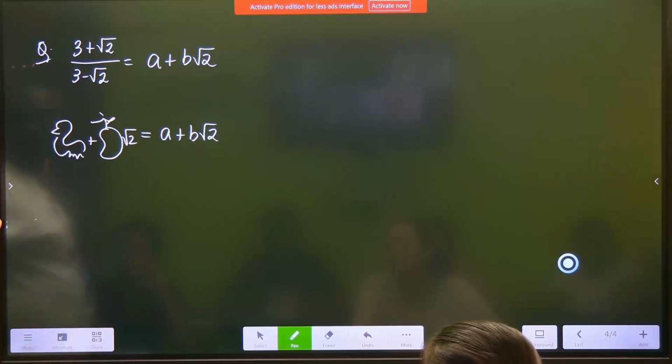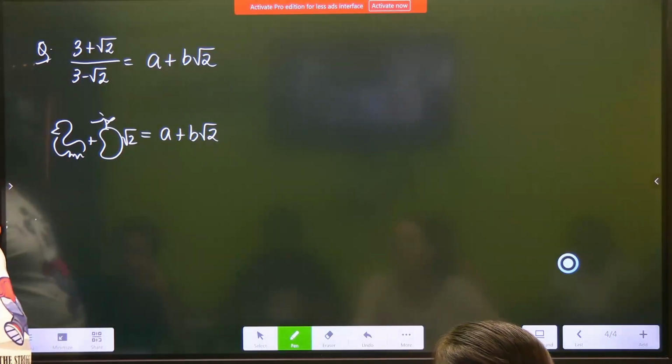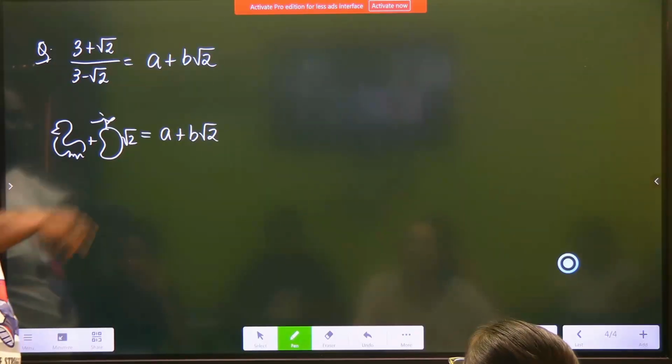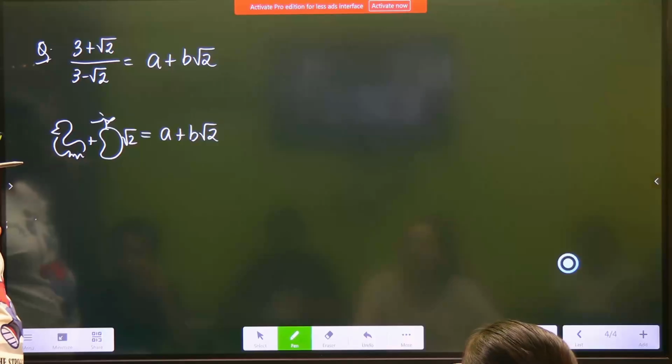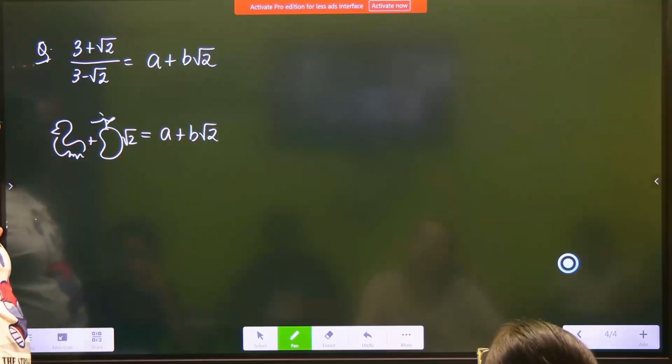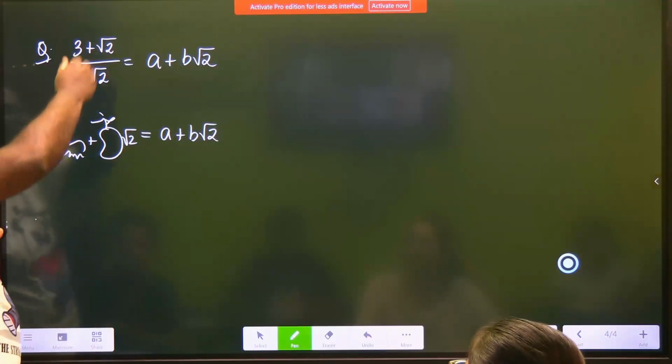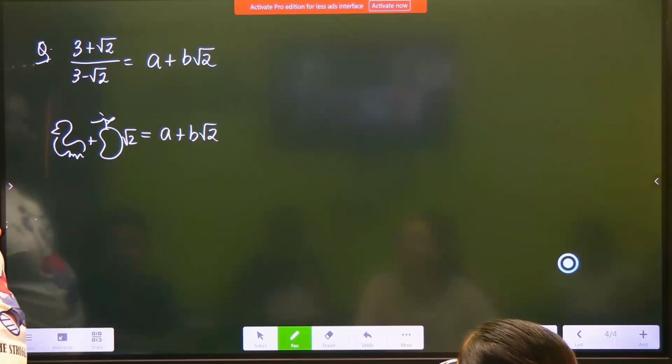Now, can you tell me what is the value of a? A is duck, B is mango. Right? How did you do? Comparing the coefficients and terms on both sides, or you can write comparing the terms on both sides. A is duck, B is mango. So our job in this problem is to convert this number into a duck mango root 2 format.